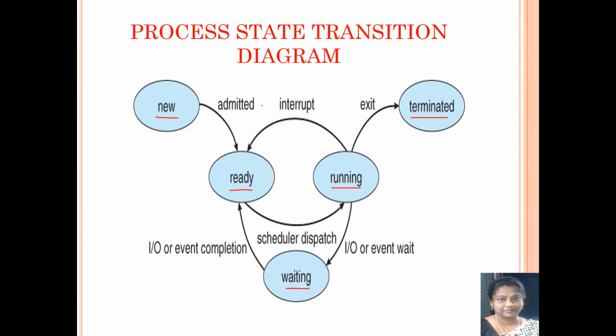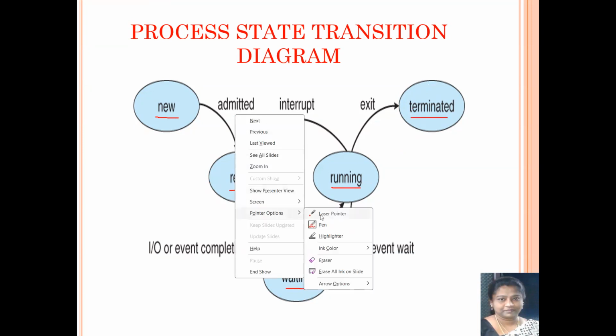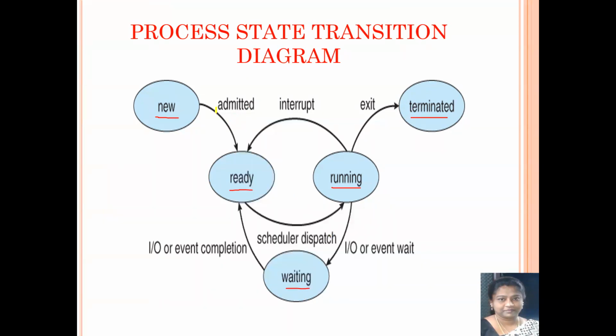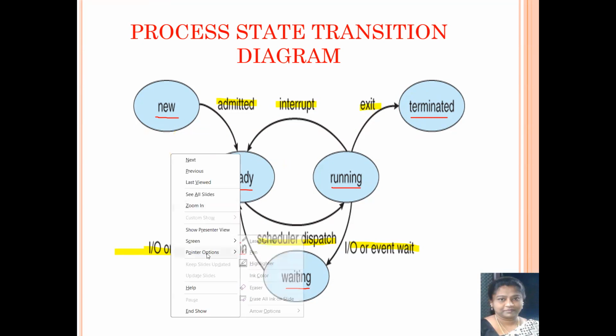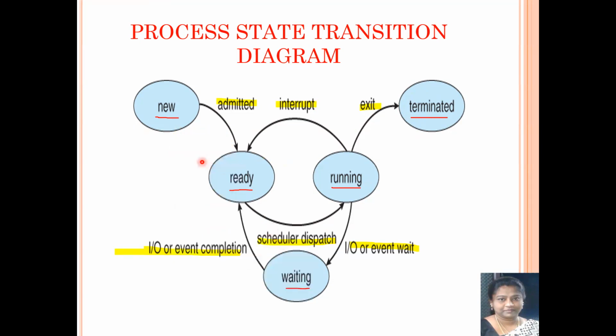The state transitions are mentioned across the arrows: admitted, scheduler dispatch, IO or event wait, IO or event completion, interrupt, and exit. These transitions cause a process to move from one state into another. If a process moves from new to ready, the transition that must occur is admitted. If a process wants to move from running to terminated, the transition that must occur is exit.